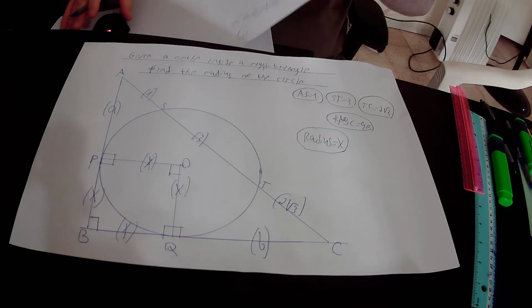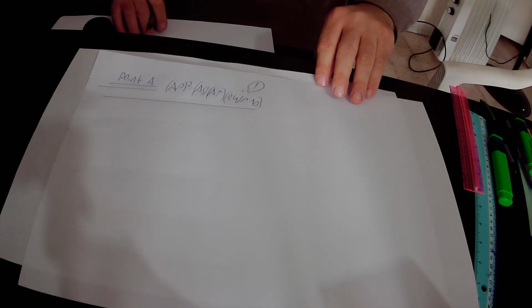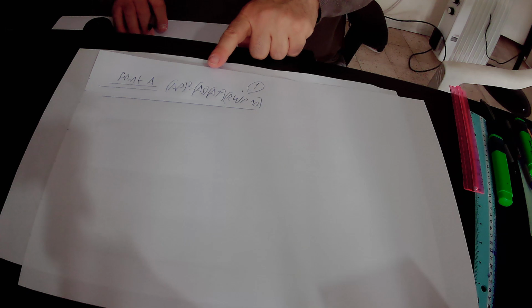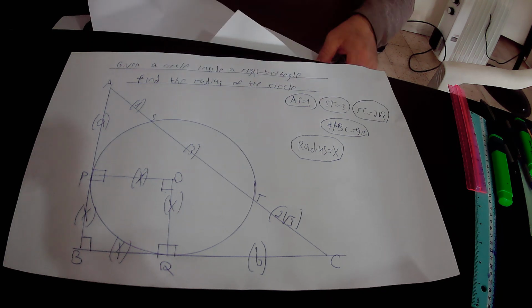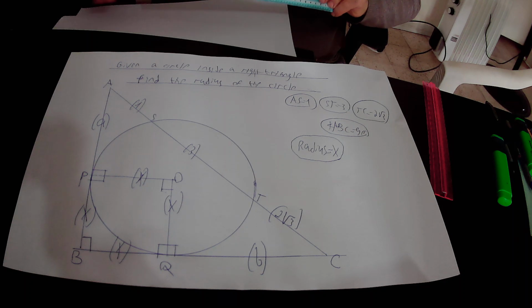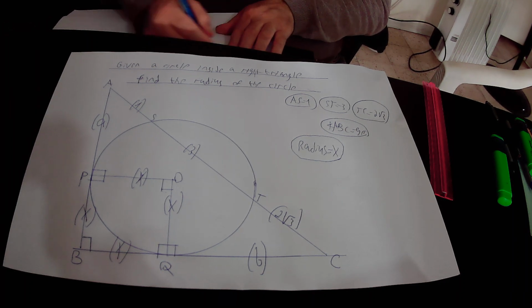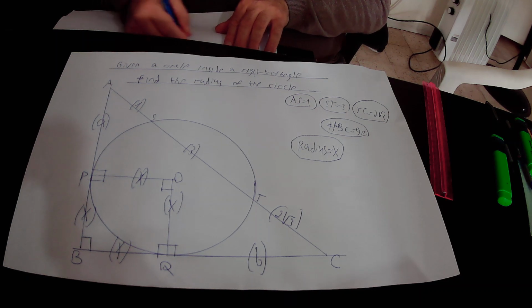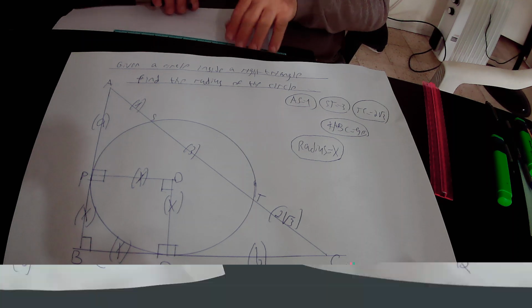So if we focus on the start point A, according to rule 10, AP square equals AS times AT. AP equals A, according to our definition.